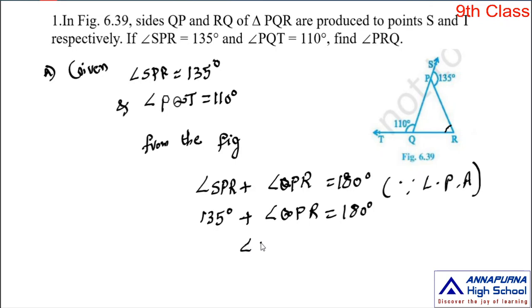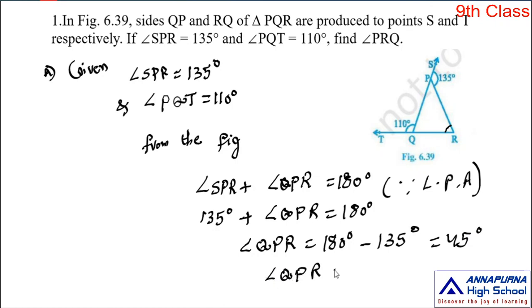Angle QPR is equal to 180 degrees minus 135 degrees, that is equal to 45 degrees. Therefore, angle QPR is equal to 45 degrees.